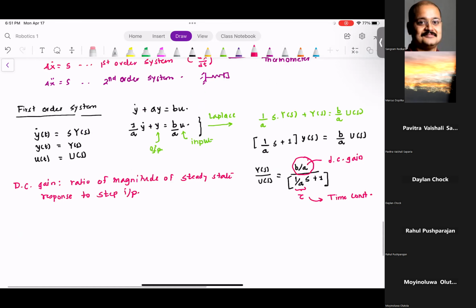And the time constant is the amount of time the system takes to reach 63% of steady state response.